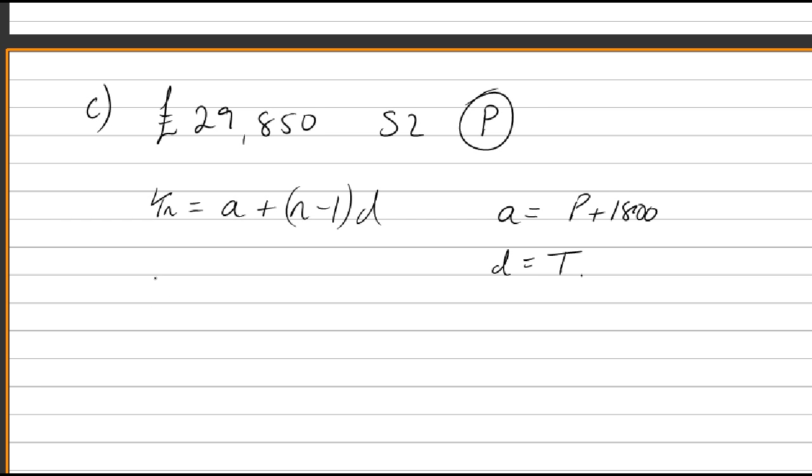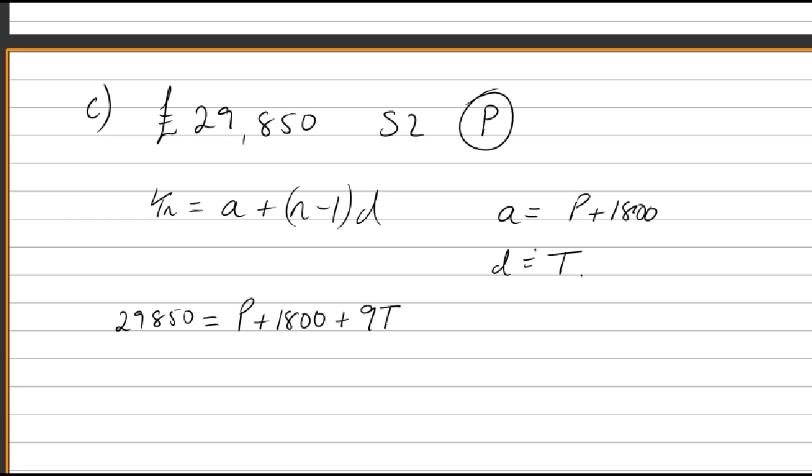So it's also given us the value in the 10th year was 29,850. So 29,850 equals, the first term is p plus 1800. 10 minus 1 is 9, so it's 9 lots of t.